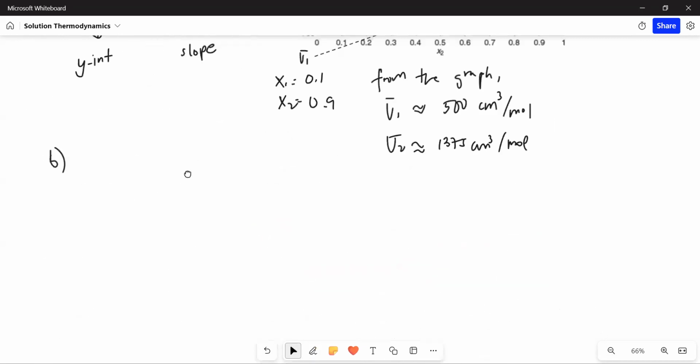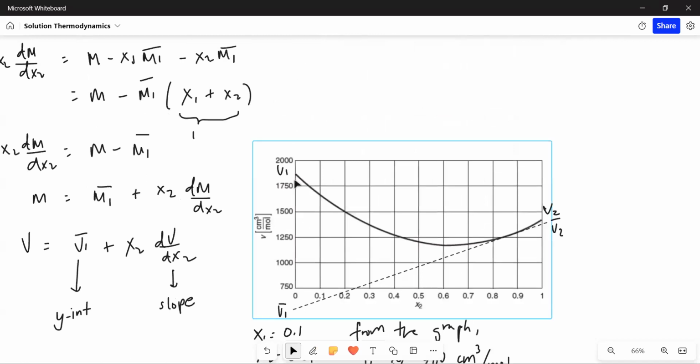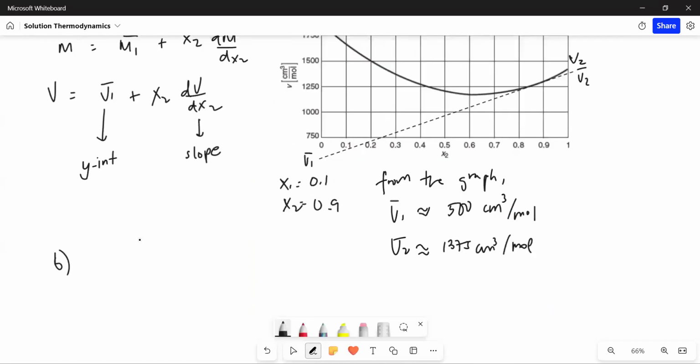Let's try to read that. It's between approximately 1750 and 2000, so 2000 plus 1750 divided by 2, but somehow below that middle point right here. So let's approximate it to 1800 cm cube per mole.